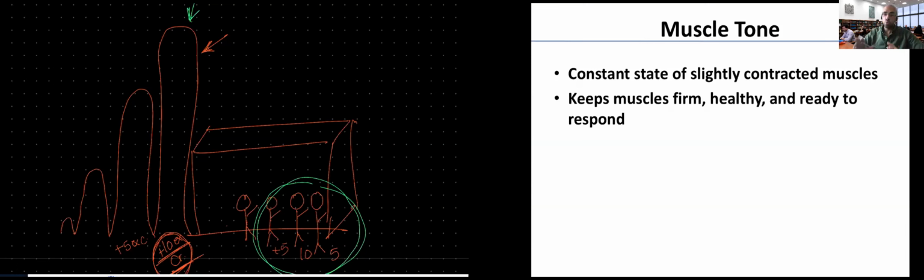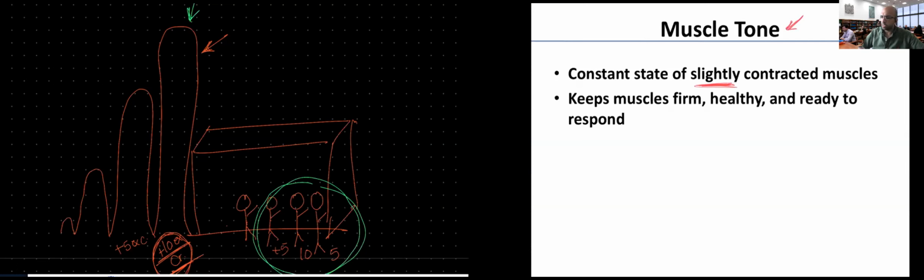Actually, there will always be a slight muscle contraction. In all your muscles, even when you are fully relaxed, when you are sleeping, there will always be a slight contraction. We call this the muscle tone.